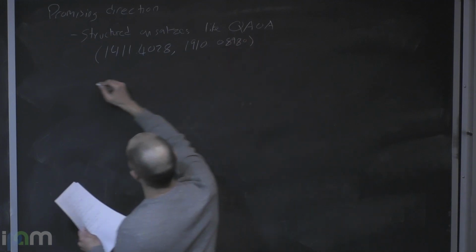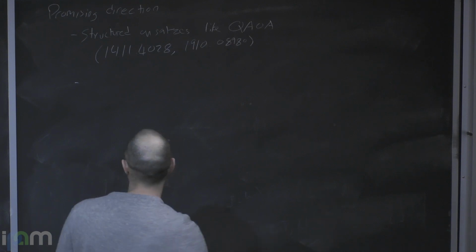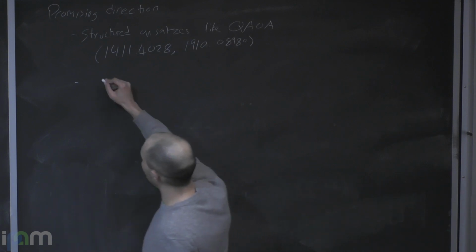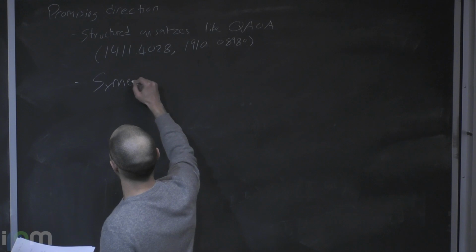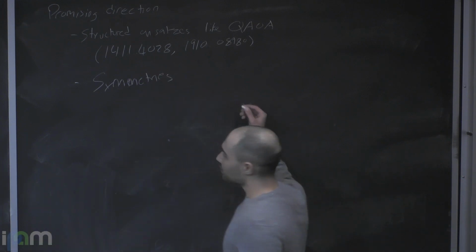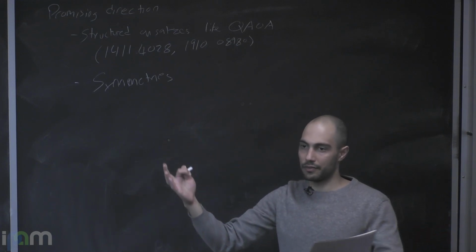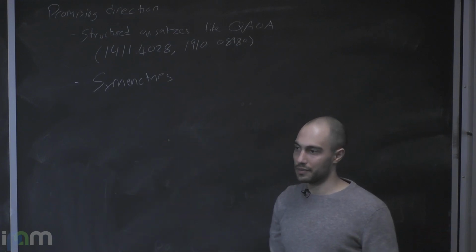And another thing, which probably the physicists here are well aware of, is that there's a lot of symmetries that you can take care of. And symmetries take your 2 to the n dimensional Hilbert space and confine it to a much smaller space.